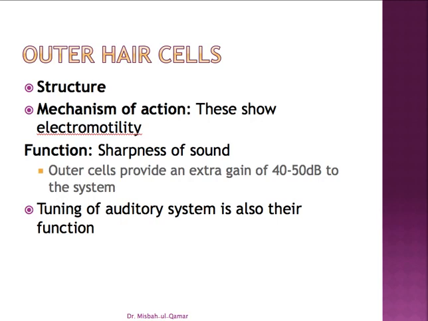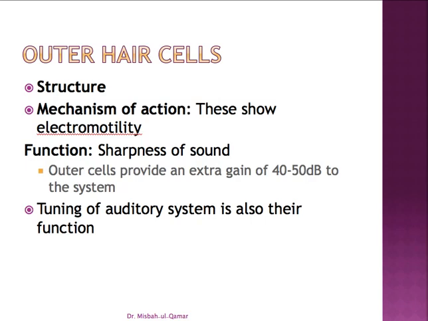And they are elongated during hyperpolarization. So when they are shortened during depolarization, they further pull the basilar membrane upward, and this is how they amplify the motion of the basilar membrane.